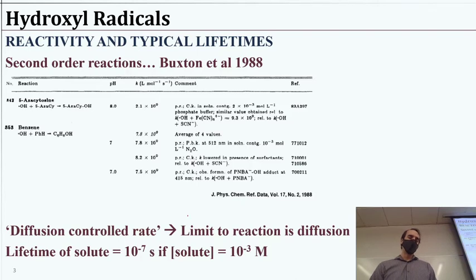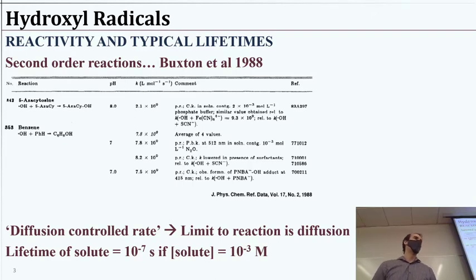This diffusion controlled and solute concentration, maybe a better way to think about this is if your solute, let's say benzene, if you had 10 to the minus third benzene in the presence of a diffusion limited reaction, enough hydroxyl radicals to create the diffusion controlled situation, then the lifetime would be here.